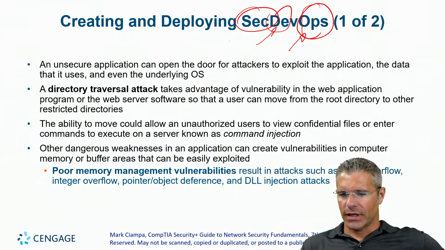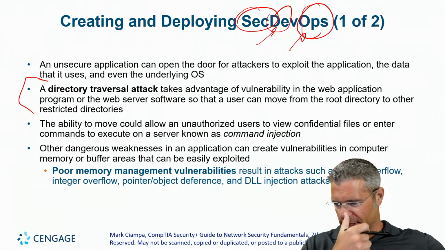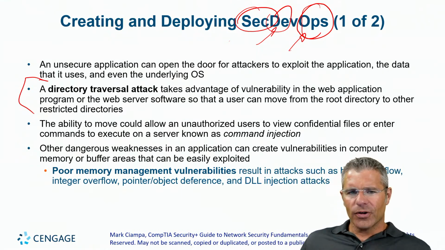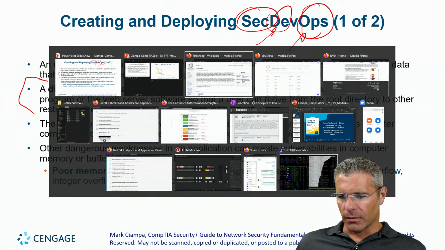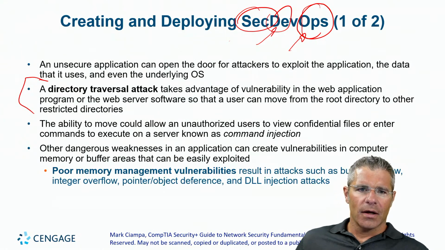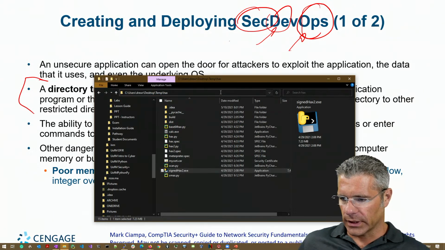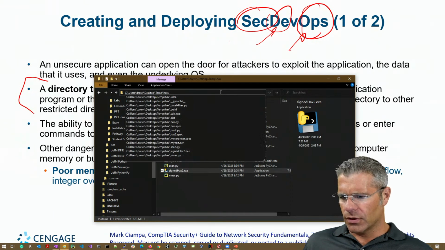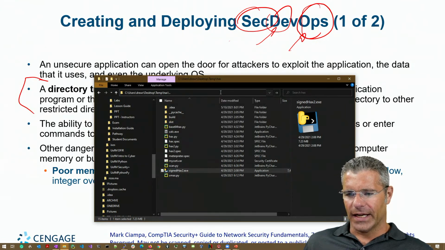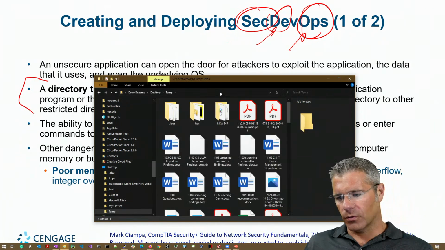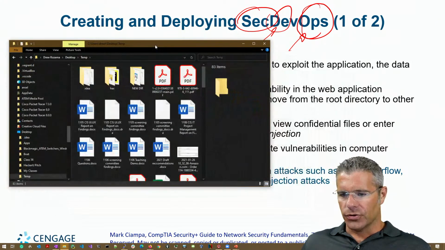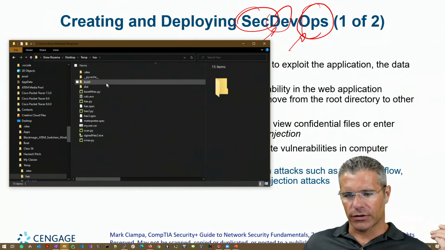There are applications that can be hit by things like a directory traversal attack. If you've ever bounced around your Windows system, or any operating system really, you might have noticed that here's my hacks directory, where I was putting that last piece of naughtiness, and if you do cd .. as a directory, you move to the directory in the folder above where you're currently at, into the temp directory in my case here, because I was in the hacks directory previously.